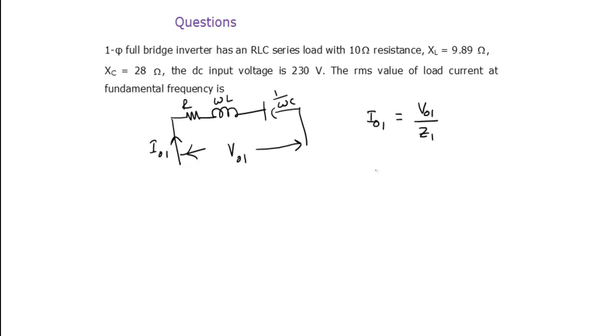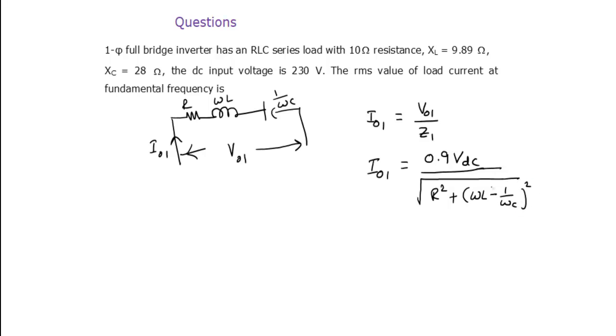We already discussed that V01 is 0.9 times VDC, and Z1 is the root of R square plus (omega L minus 1 by omega C) whole square. We substitute everything and get the fundamental RMS current.